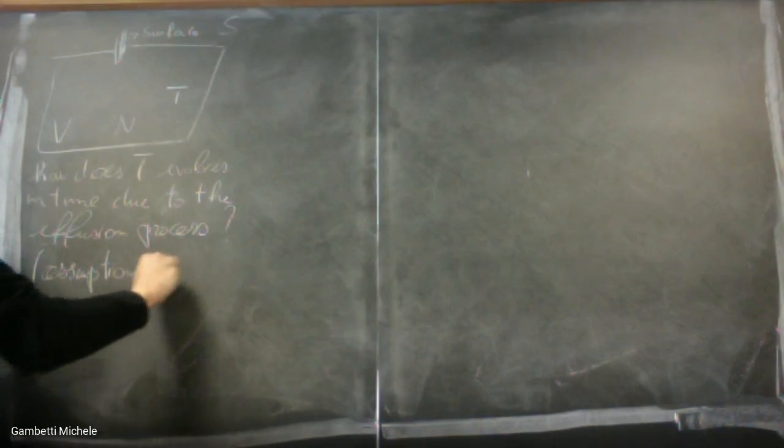Actually, I will use this, okay? And then, of course, I'm supposing here that I have effusion, and the assumption is to use the ideal gas law for the bulk.